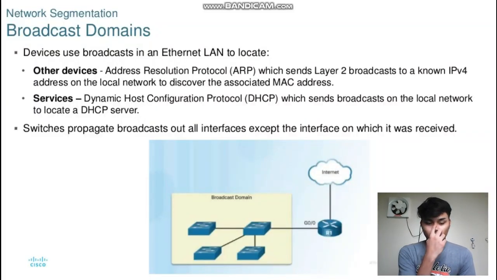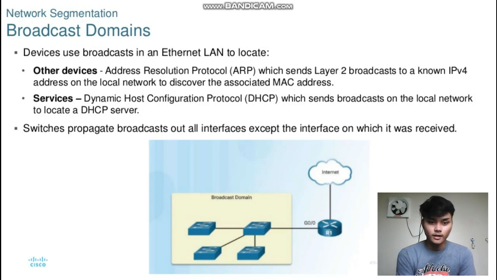So we all know the broadcast domain. Devices use broadcasts in an Ethernet LAN to locate other devices. Address Resolution Protocol, ARP, sends a layer 2 broadcast to a known IPv4 address on the local network to discover the associated MAC address.